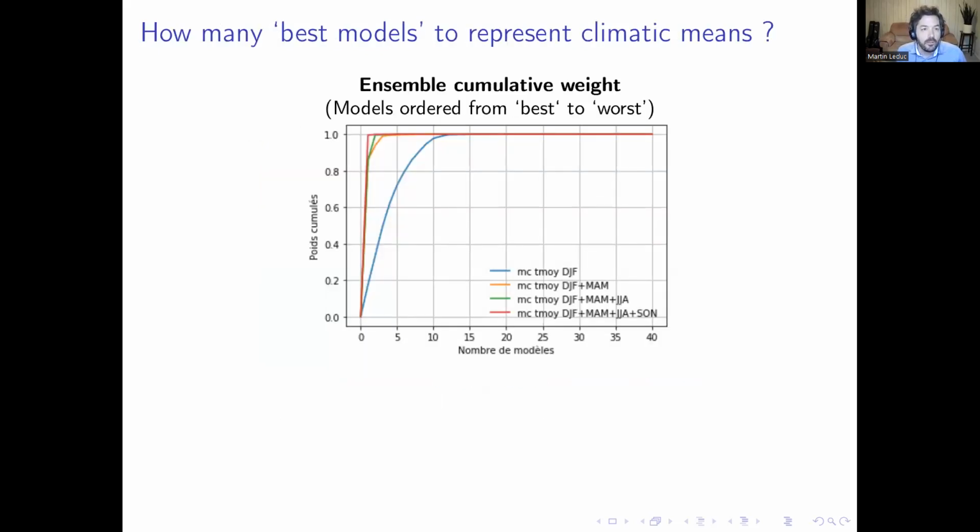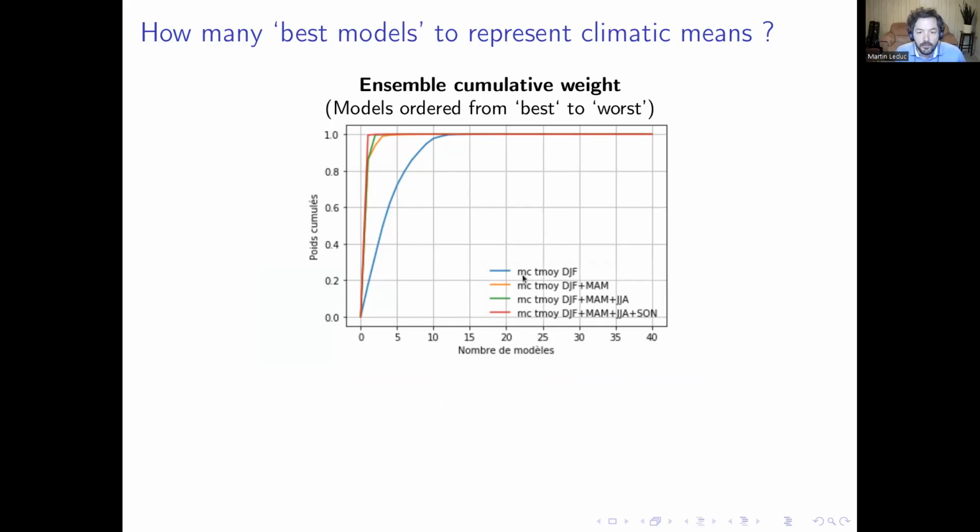So it's interesting to calculate how many models dominate as a function of the number of metrics. Here I show the cumulative weight. Starting from the best model, the one with the highest weight, I accumulate the total weights by adding the models until the worst one.